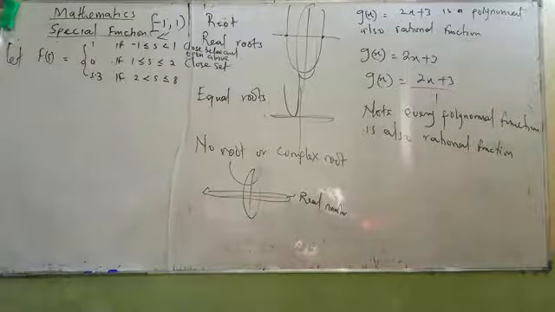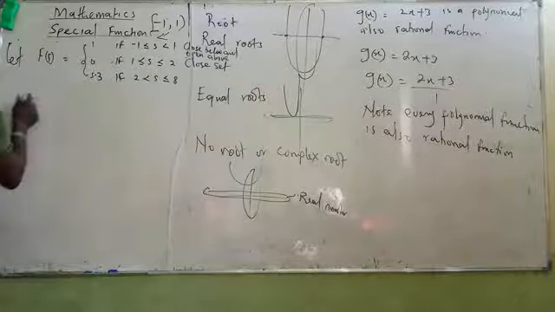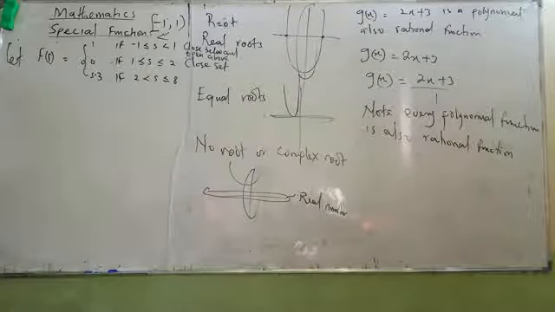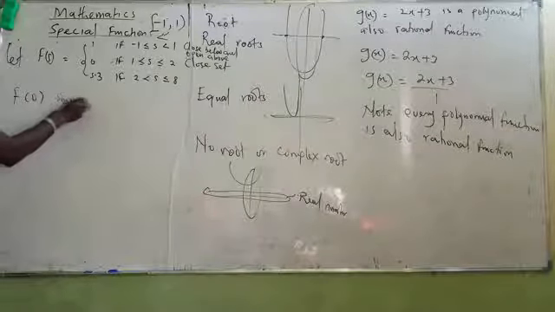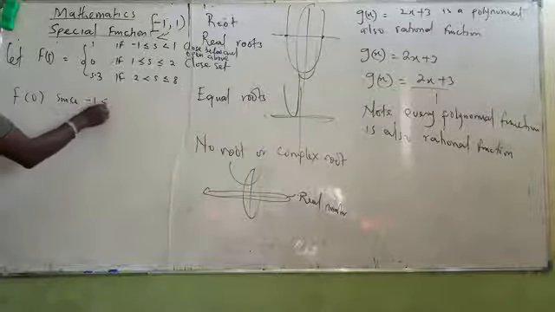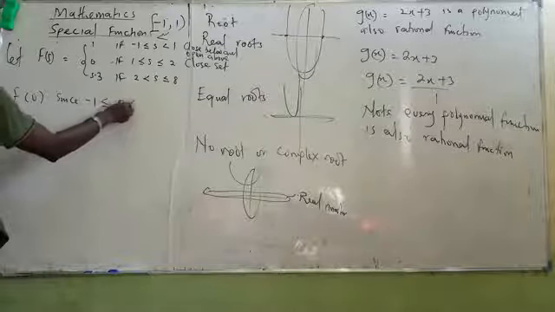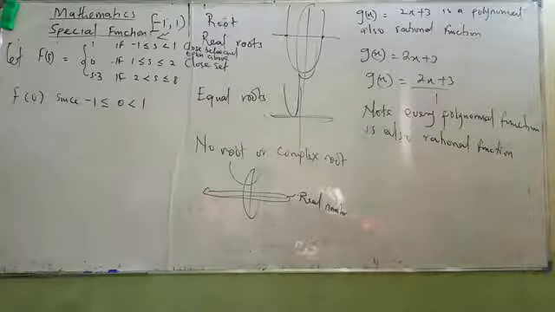Now, for me to work on this particular form, they say that is 0. It means f of 0, since minus 1 less than 0 less than 1. Listen to me.